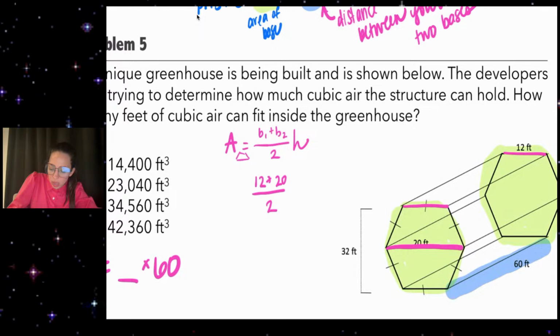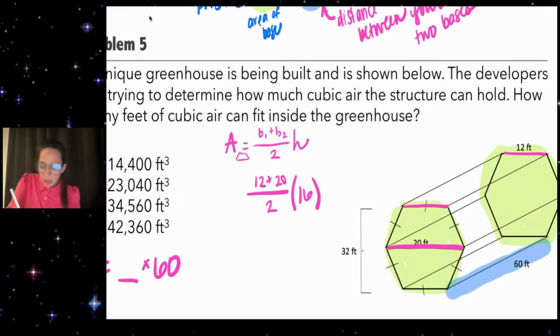This trapezoid has a height of 32 divided by 2. How do I know that? So the height is 6. No, not 6. Sorry, 16. Goodness.